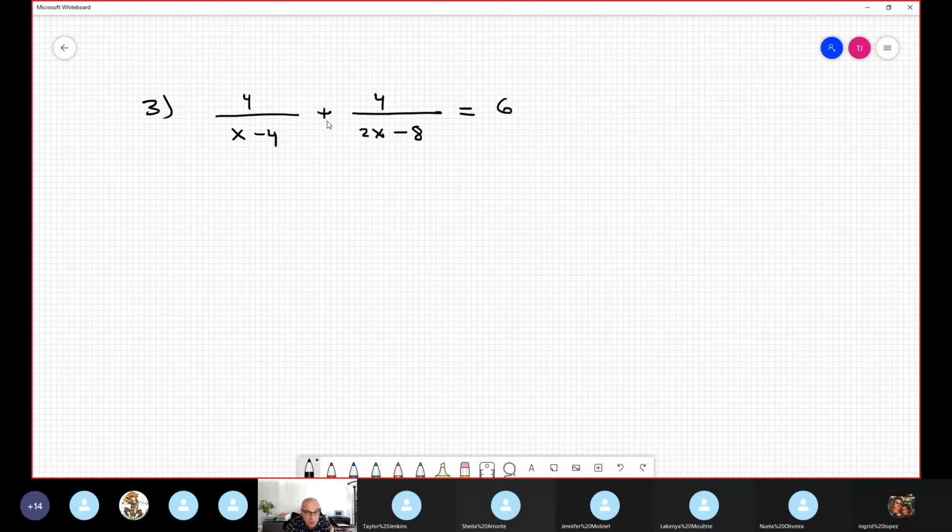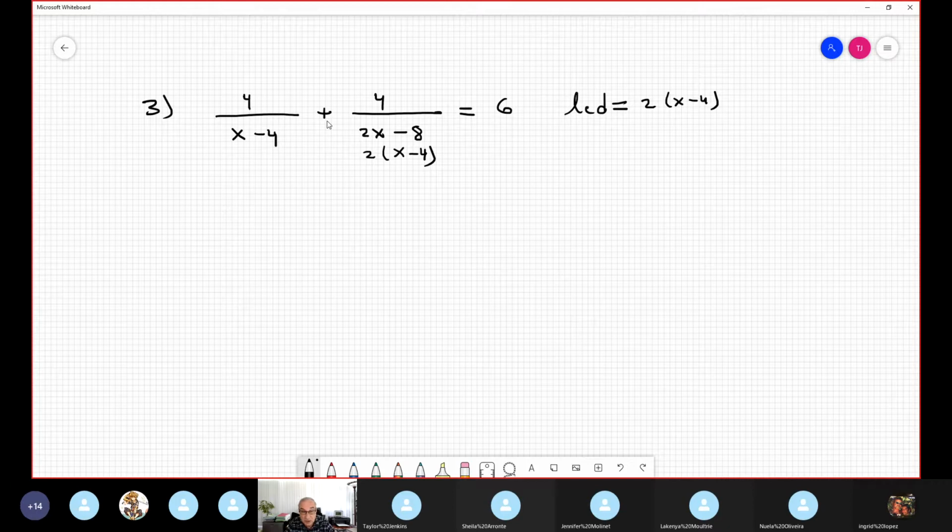So what is step 1? Factorization. You factor out 2 here. Now what is the next step? Least common denominator. Obviously the least common denominator is 2 times x minus 4. And I repeat x minus 4 only 1 time, not 2 times, because it's repeated.